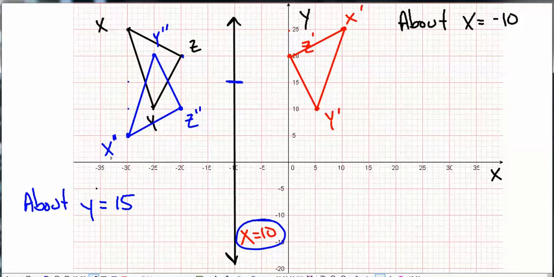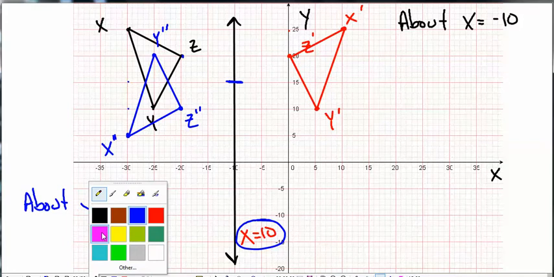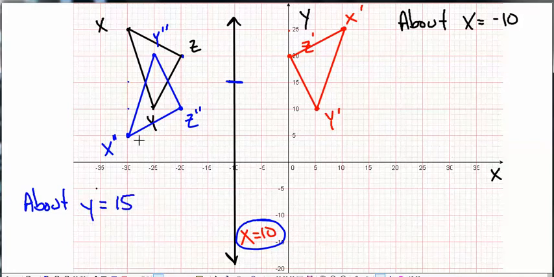You're also going to get asked, let me put this line of reflection in real quick. Look, here was the line of reflection, right? That was y equals 15. Okay, if I take a line and connect corresponding points, see it?